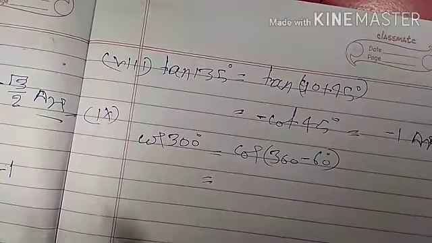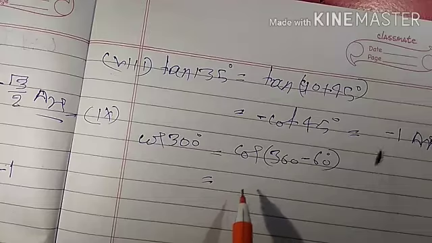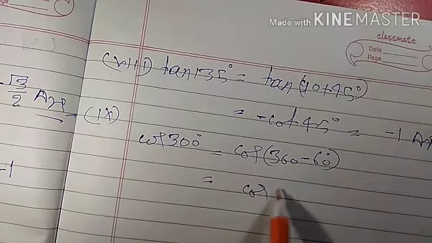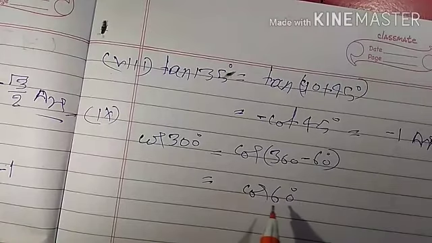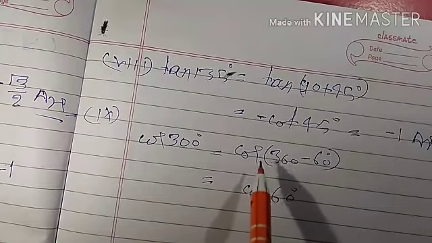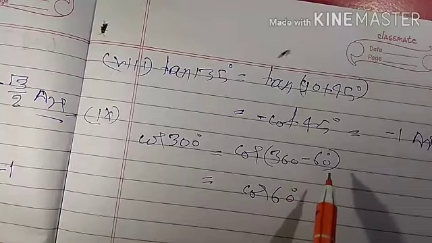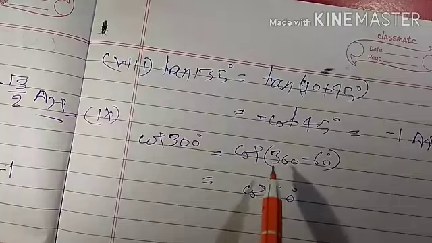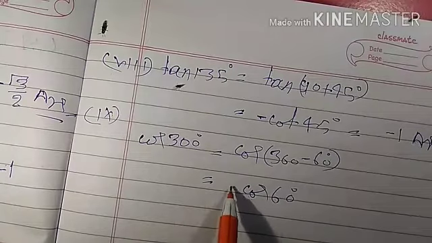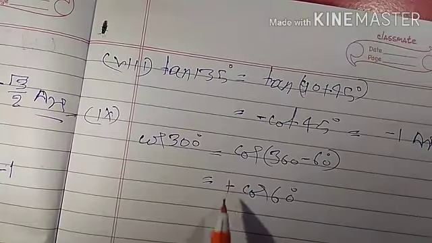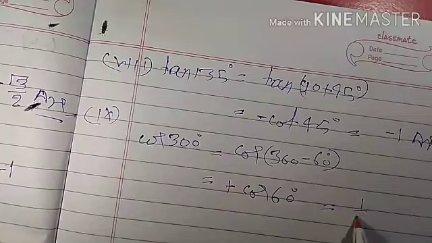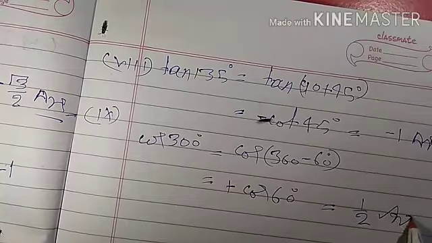For 360 minus theta, the function change is not allowed, so we can write cos 60 degree, and for 360 minus theta the angle is in the fourth quadrant. In the fourth quadrant only cos theta and sec theta are positive. So cos theta is positive. The value of cos 60 degree is equal to 1 by 2. So 1 by 2 is the right answer.